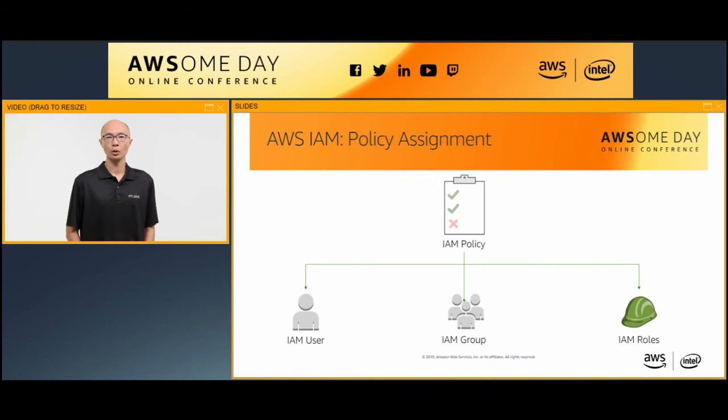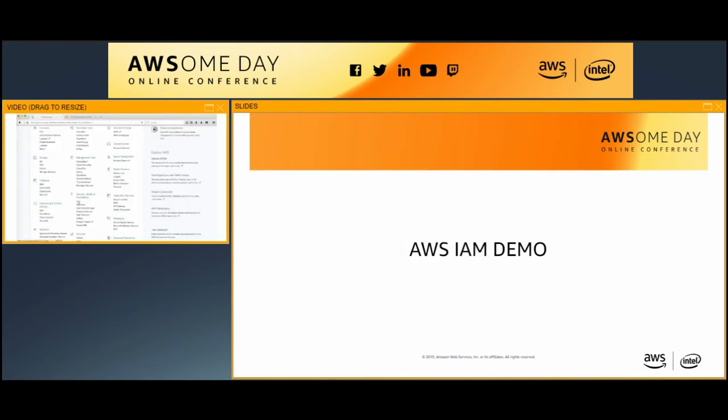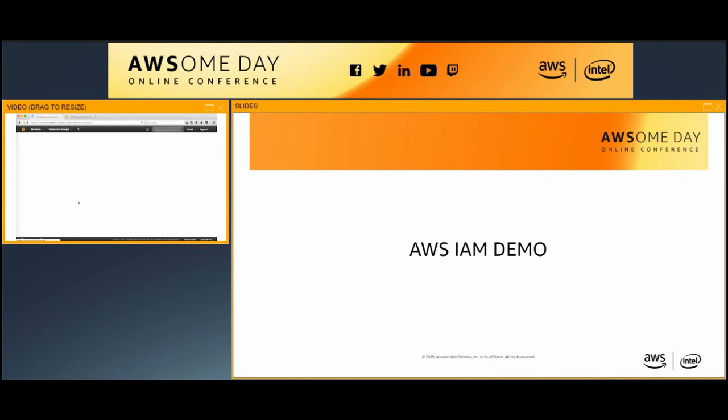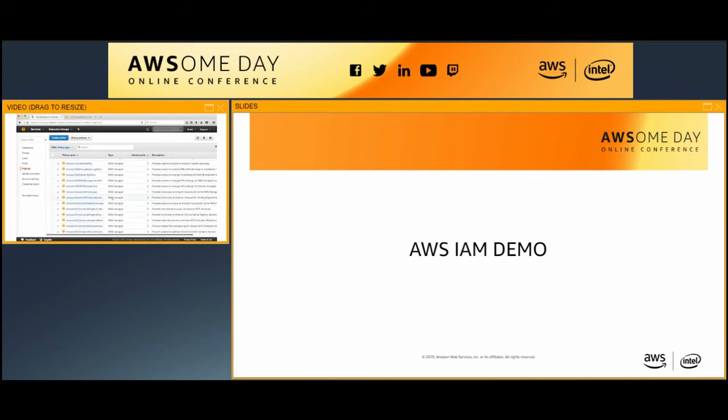It is important to note, as depicted in the diagram, that one policy can be assigned to an IAM user, IAM group, and IAM roles. On the AWS Management Console, we click on IAM to the left of your screen. On the AWS IAM console, we have a few options to choose from. Let's click on Policies. Here, you see the AWS Managed Policies.